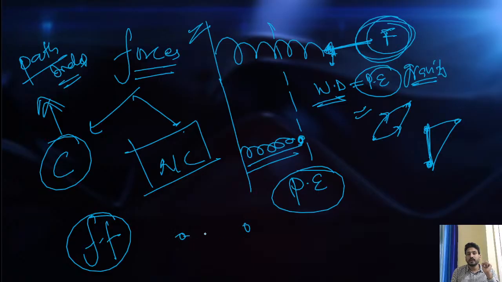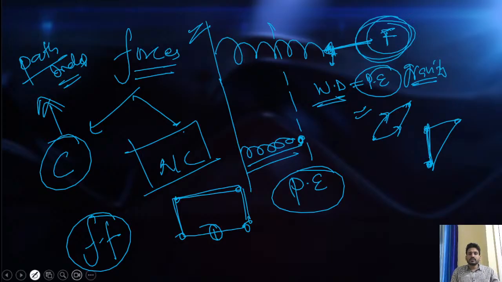If you are going from here to here, and if you are going from here to here, so if you follow path 1 or path 2, you will find different friction force, so you will find different work done. So the work done by conservative forces is always, you can say, potential. That's why the word came, potential.